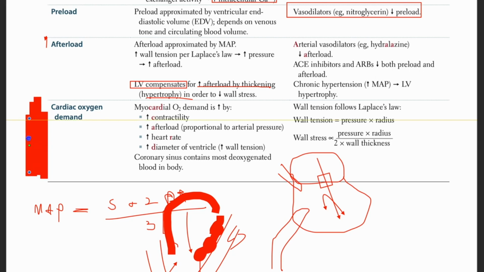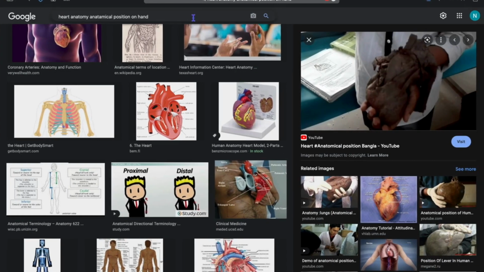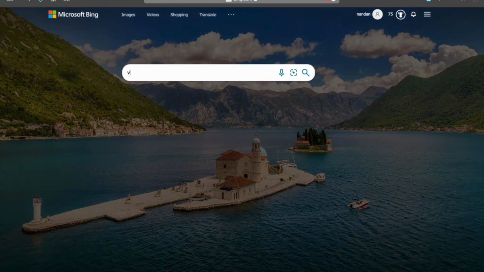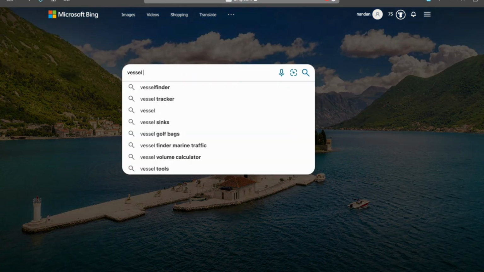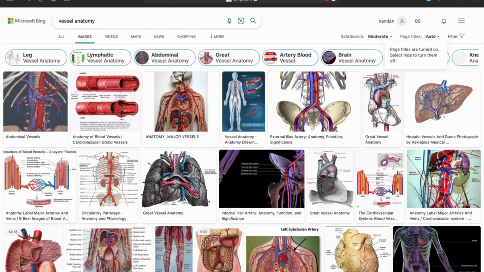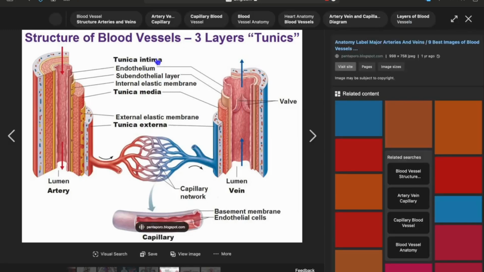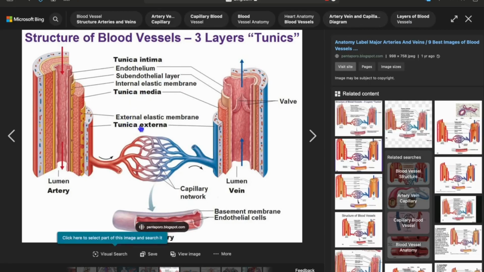Remember, vessels also have muscles in them. They have three layers: tunica intima, tunica media, and tunica externa.